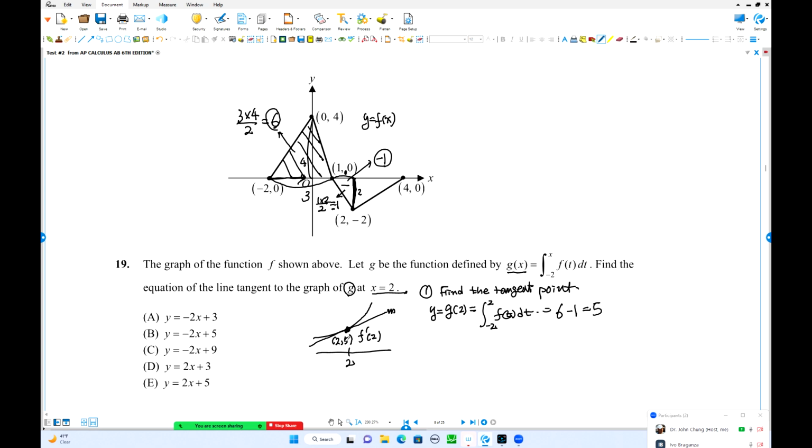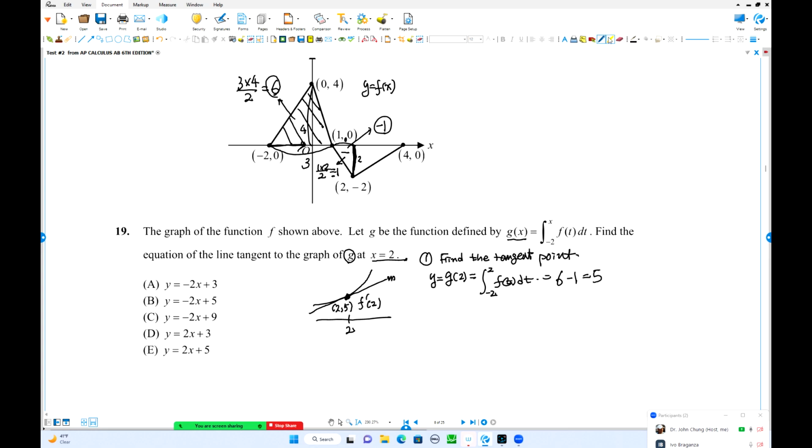Now we're going to find the derivative. g prime of x. This is g of x, the integral from negative 2 to x of f of t dt.